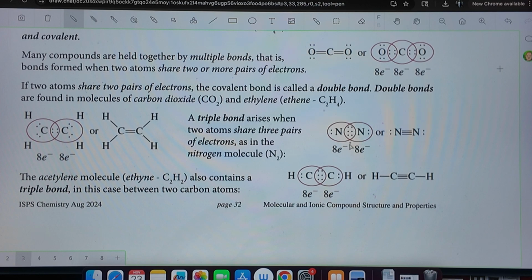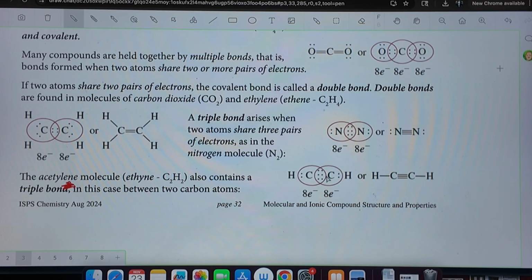And we talked about this already, and they usually end with YNE. And ENE usually means that there's a double bond. Also contains a triple bond in which there's two carbon atoms, right? Okay, let's keep going. We know a lot of this already.